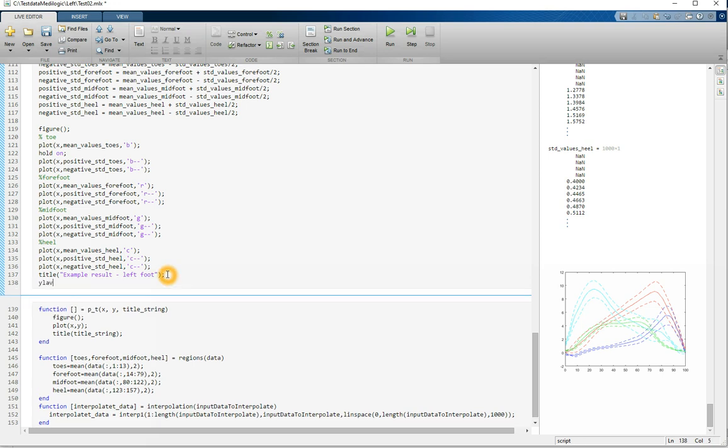And then a label on the y-axis: pressure, the average pressure, in Newton per square centimeter.